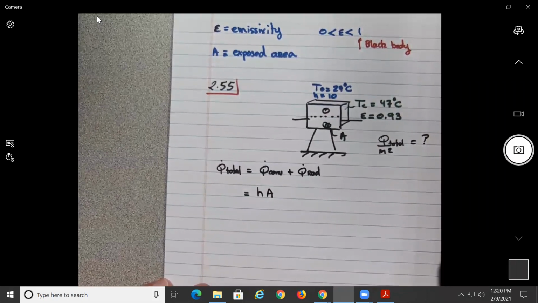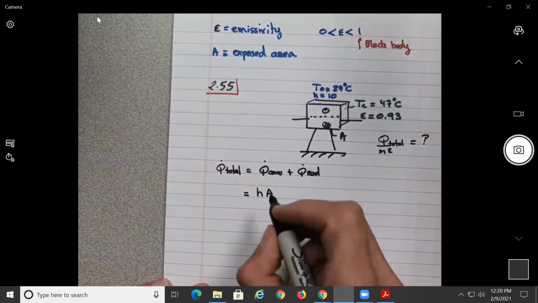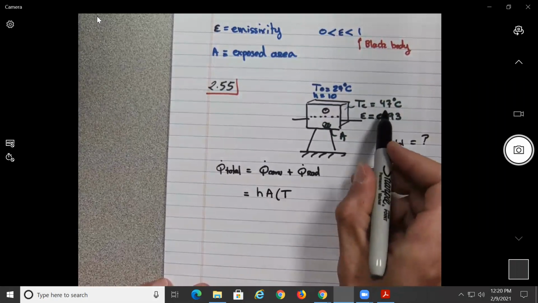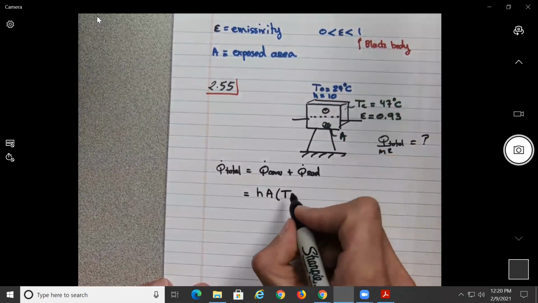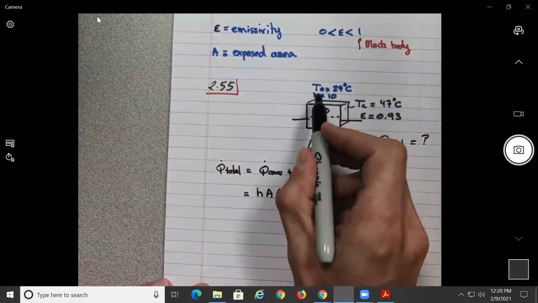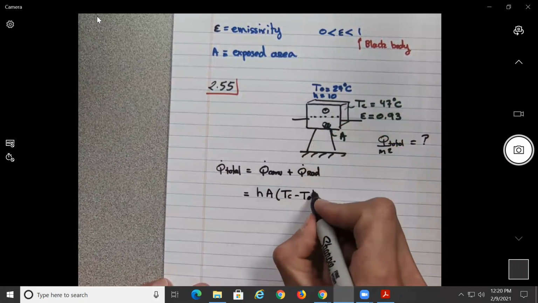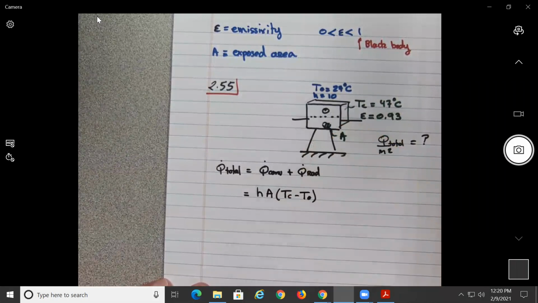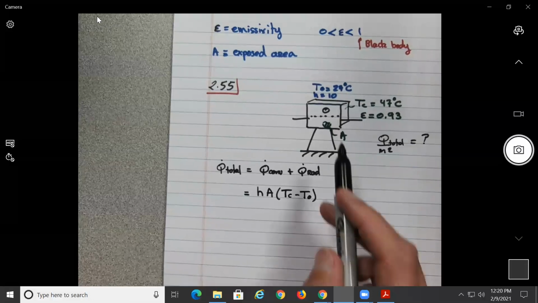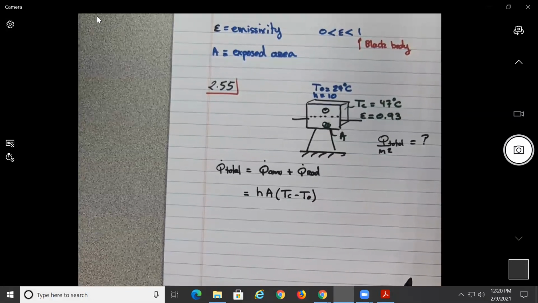And we go from hot to cold. So what is the temperature of the surface of the grill? T sub C. What is the temperature of the surroundings? T sub naught. Okay? So that's it. This is for the convection.